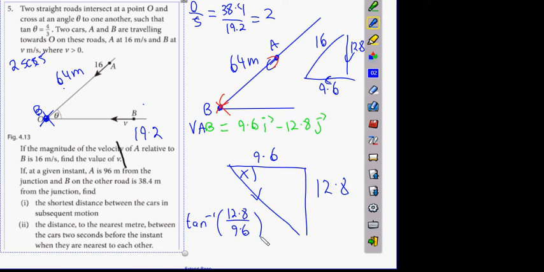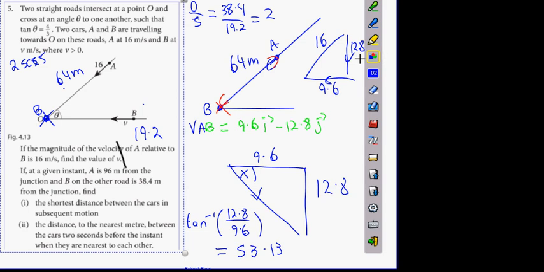Okay. So that's 53.13. Now, it's going in a southeasterly direction, okay?